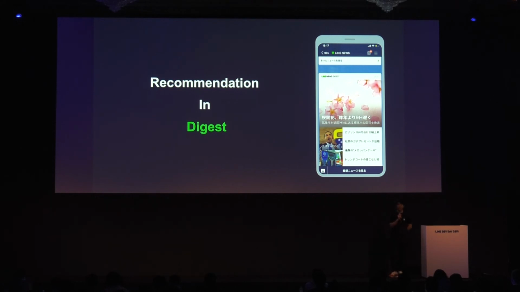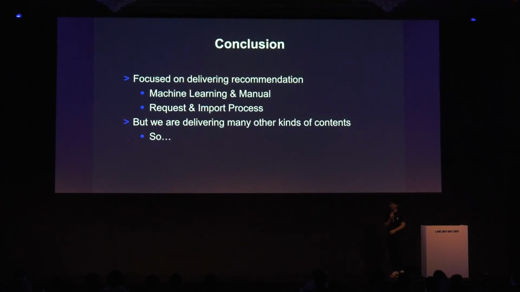And number 2 is enhancement of recommendations for digest. Line News distributes digest, and this is where we may be able to implement recommendations. Digest is sent to all the users in the one-size-fits-all format, and digest contains the best of the best news which has been handpicked by the Line News editing team.